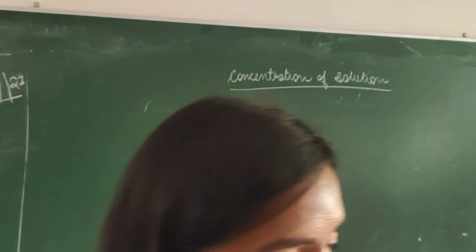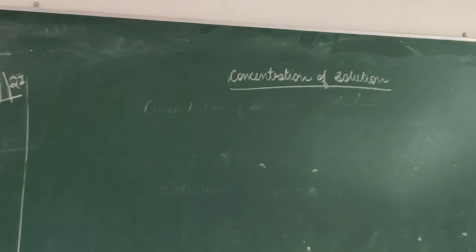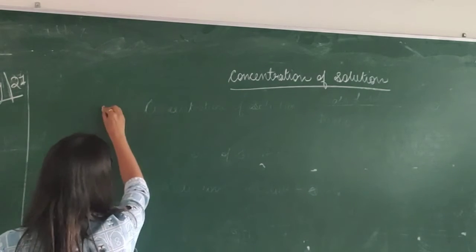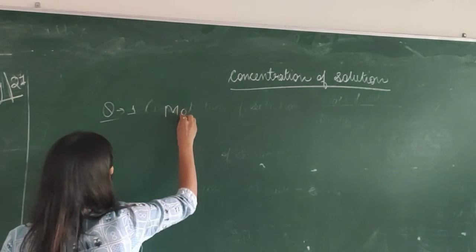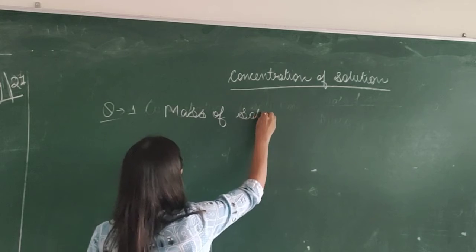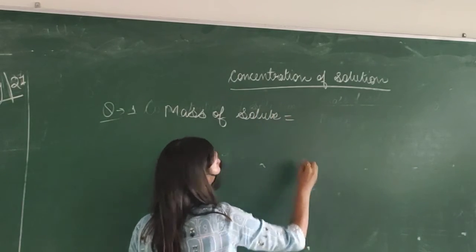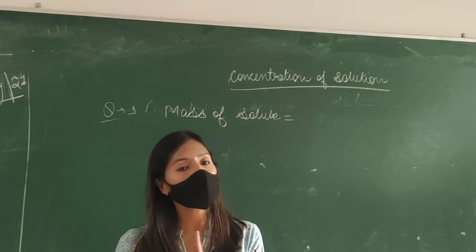So in this question, we have been given that the solution contains 30 grams of sugar. So what is the mass of solute? In this question, we have been given the mass of solute, which is 30 grams of sugar.